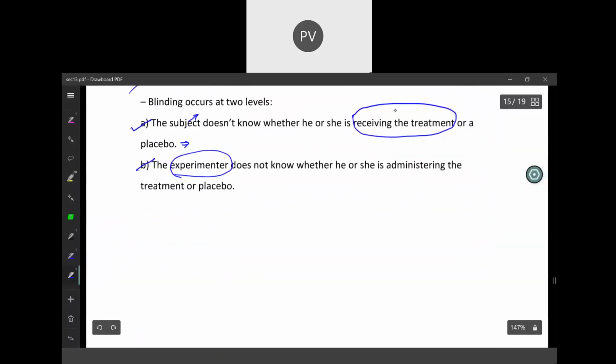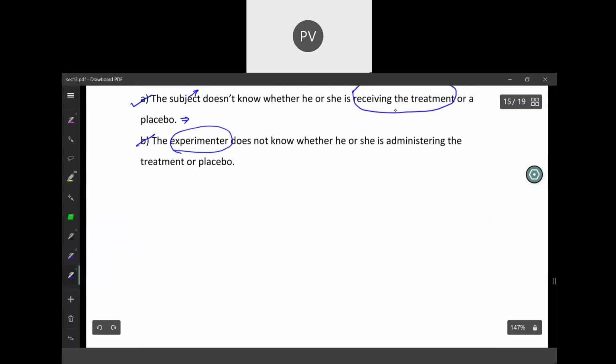So let us see some examples. Now, you must identify whether it is an observational study or an experimental study. Okay. First question.